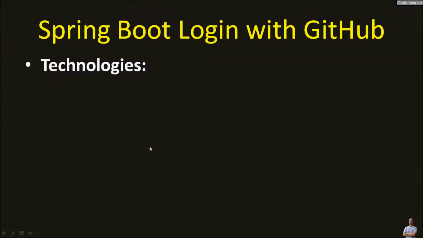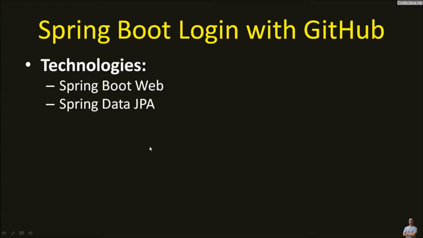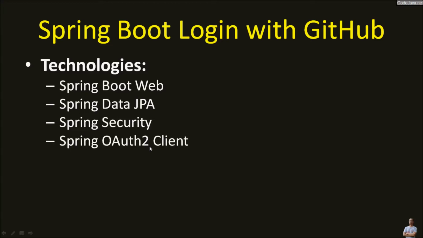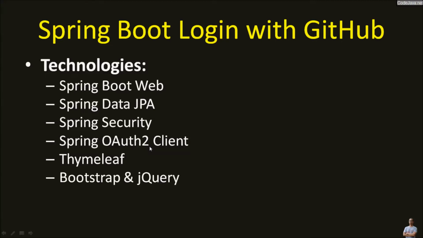So we will be working on a Java project using the following technologies: Spring Boot web application, Spring Data JPA for the data access layer, Spring Security for authentication, Spring OAuth2 client to implement OAuth2 login with GitHub, Thymeleaf as a template engine, Bootstrap and jQuery in the view layer, and MySQL as the database.